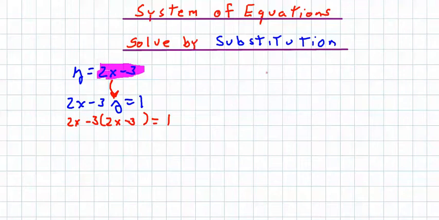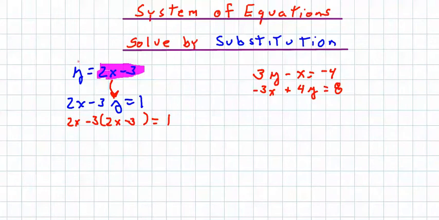Today we're going to look at two different examples that look like this: 3y minus x equals negative 4, and negative 3x plus 4y equals 8.